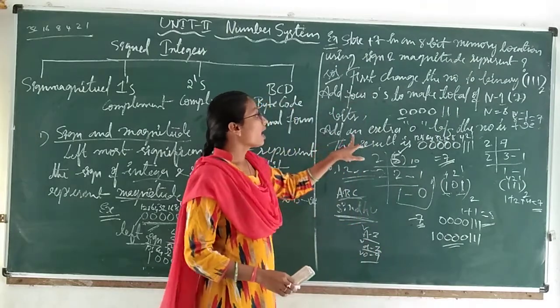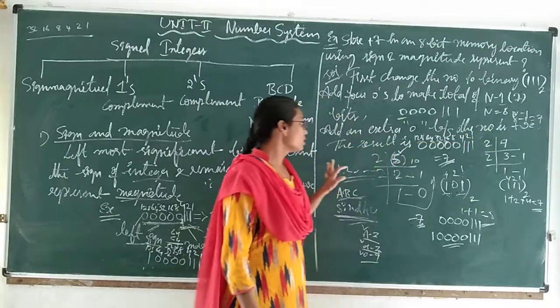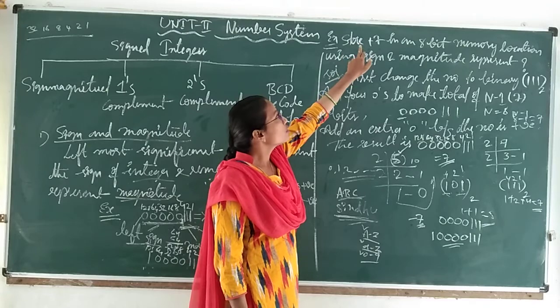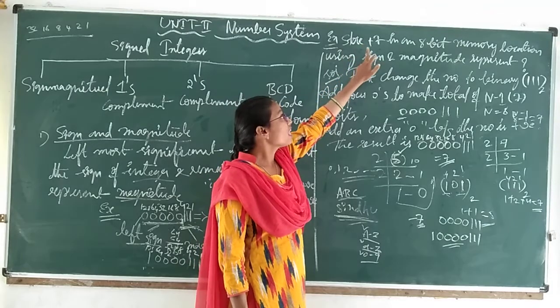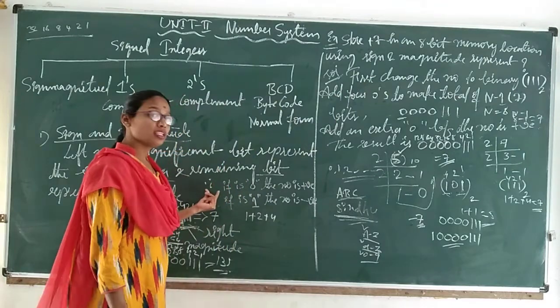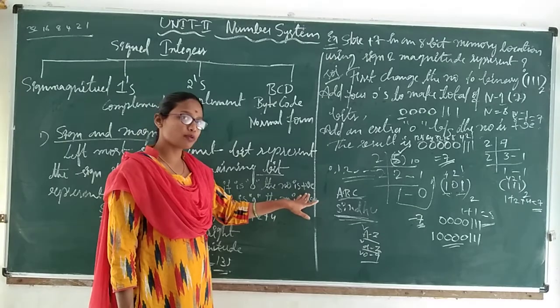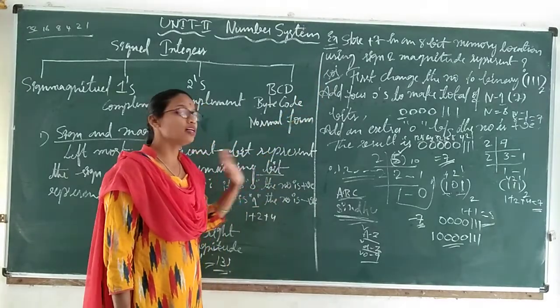Then add an extra 0 because the number is positive. In our question we have +7, a plus sign. If the sign bit is 0, the number is positive. When the number is positive, you add a 0.